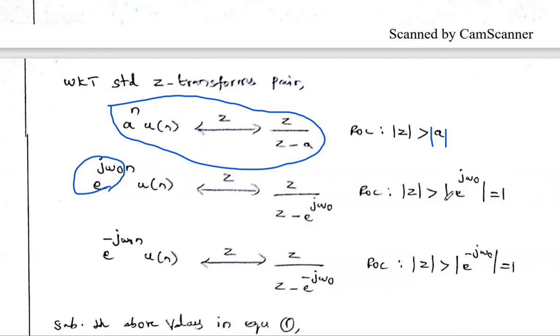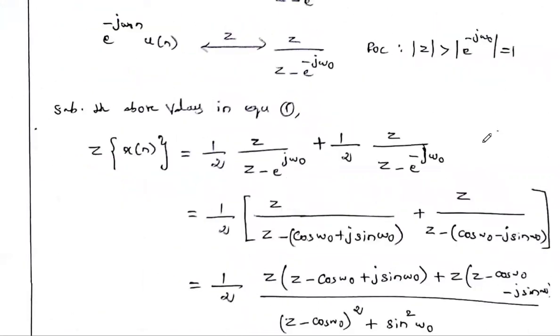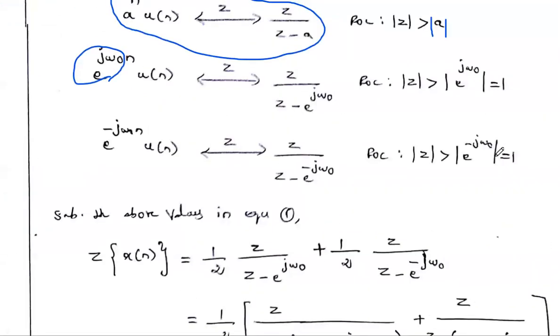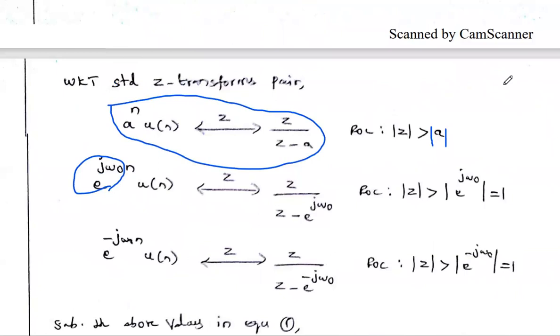So what is the magnitude of e power j omega naught? You know e power j theta is cos theta plus j sin theta. So what is the modulus of e power j theta? The modulus of cos theta plus j sin theta is the square root of real part squared plus imaginary part squared.